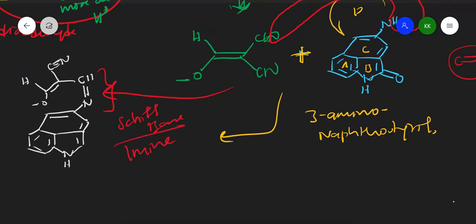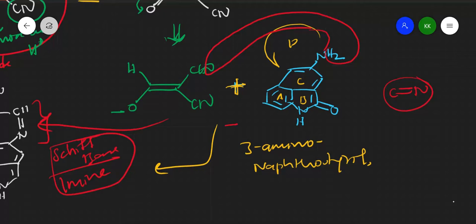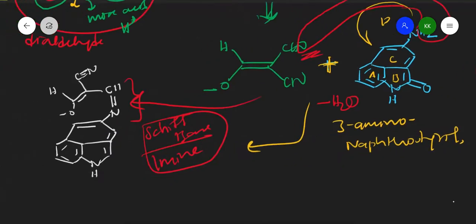These are the different names. This is the simple reaction in which a water molecule will be lost, H2 from nitrogen and O from this aldehyde. So this we will get.